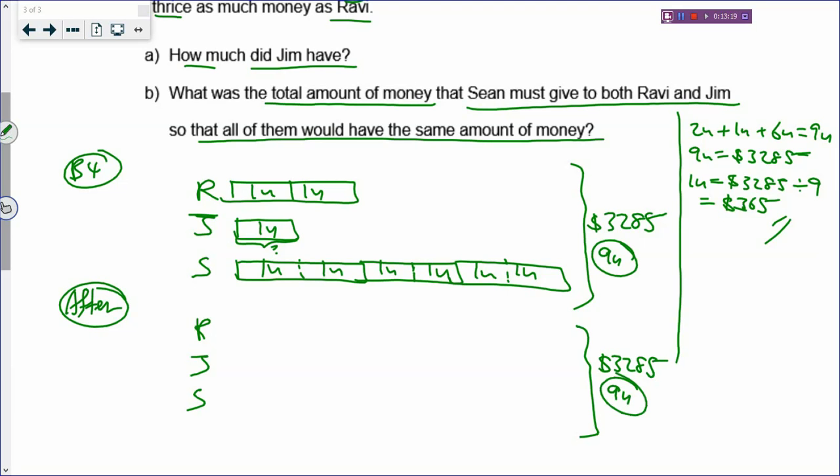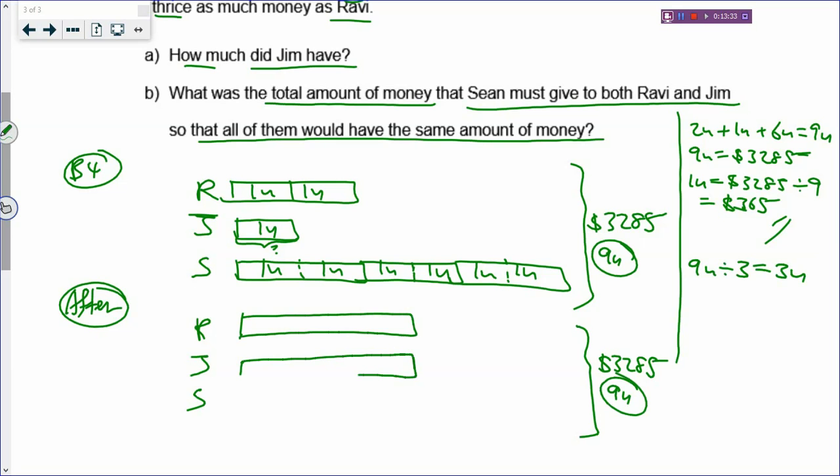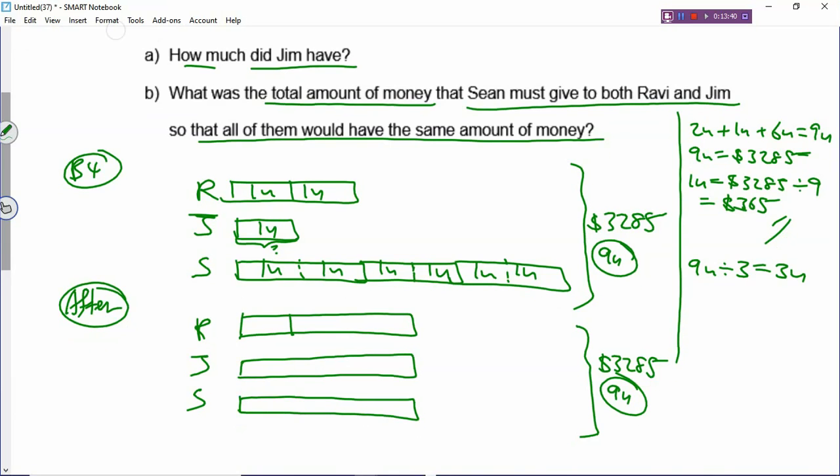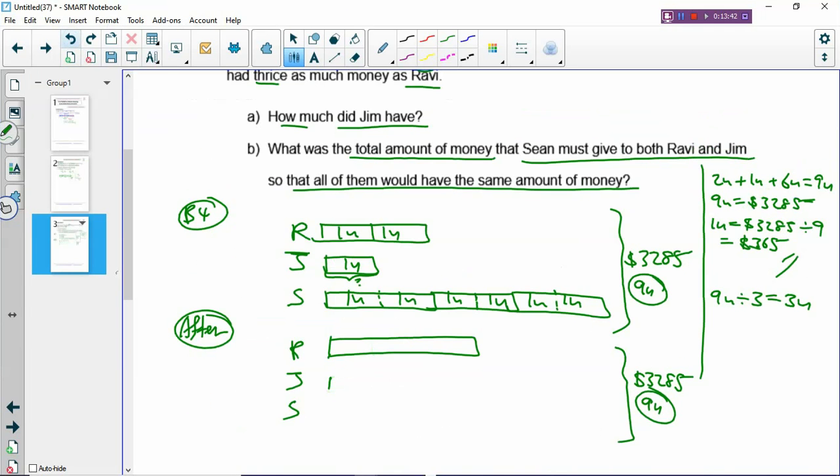Am I correct? They are supposed to have the same total. And you take 9 units and you divide by 3 because everybody has equal amounts of money. So Ravi has 3 units, Jim has 3 units, and Sean also has 3 units. So everybody has equal amounts of money.